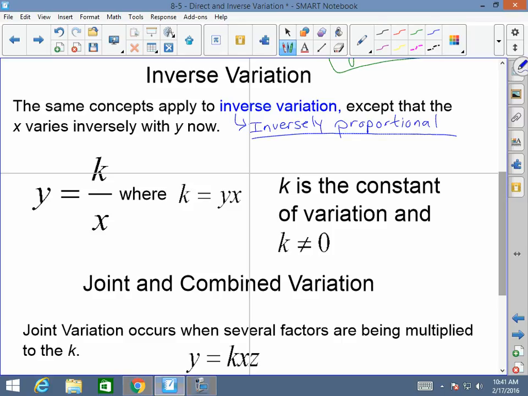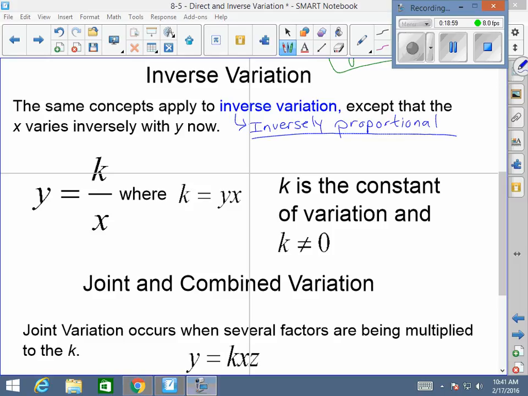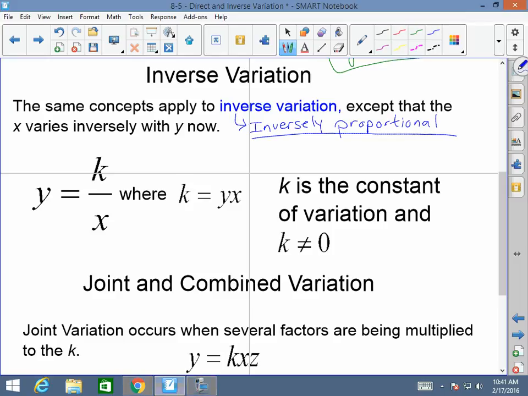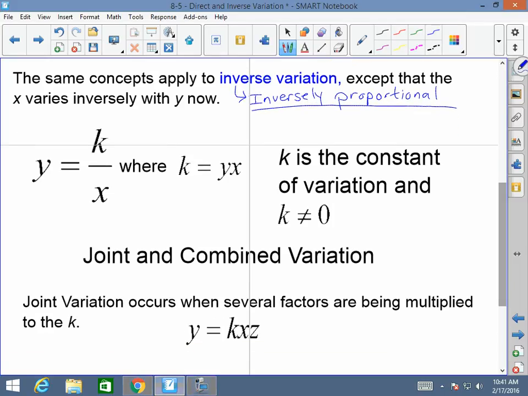If I went ahead and solved for k here, that means that I would multiply x to both sides. Okay? And if I multiply x to both sides, I will have the following. Okay, so inversely proportional or inverse variation. It's when y equals k over x. If I solve for k, I multiply x to both sides, k equals yx.